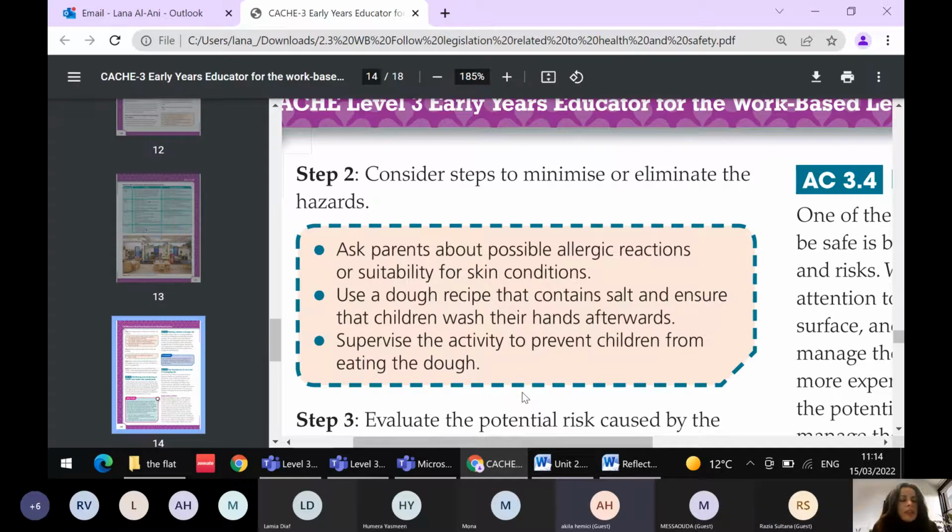And also we supervise the children when they do activities. Make sure they don't eat too much because it's not good for them. So this is how we consider steps to minimize or eliminate the hazard.